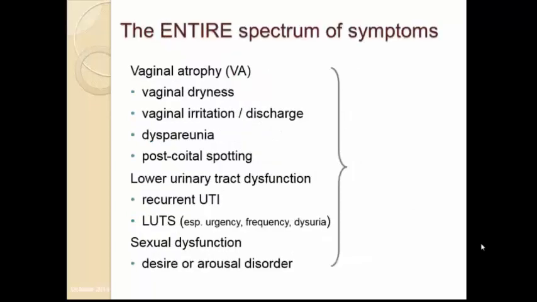When we're talking about GSM, or genitourinary syndrome of menopause, we want to be inclusive of all symptoms that can present under this broad topic. This is inclusive of vaginal atrophy, which includes vaginal dryness, irritation, a change in discharge, dyspareunia, postcoital spotting, but as well lower urinary tract dysfunction, recurrent UTI, lower urinary tract symptoms inclusive of urine urgency, frequency, and dysuria.